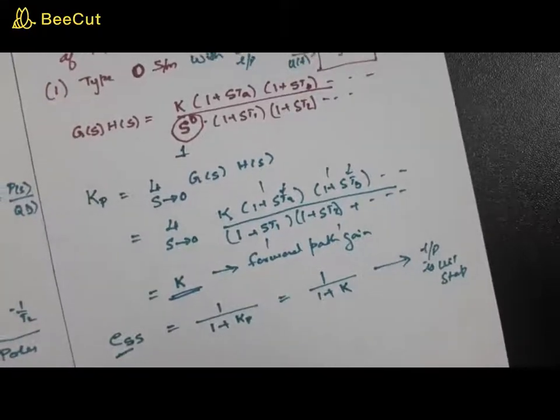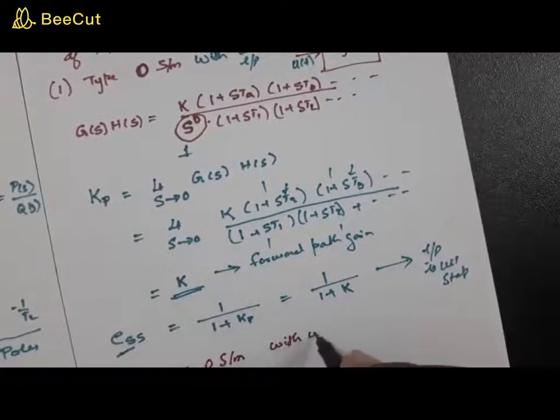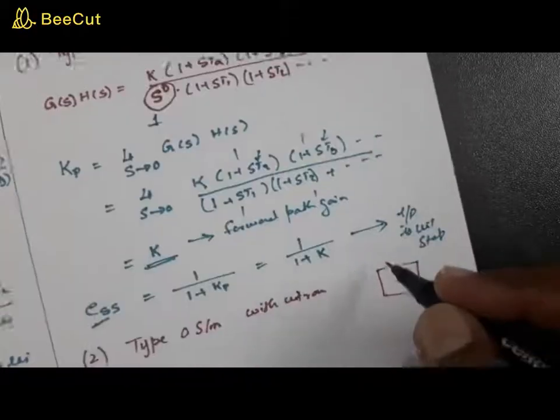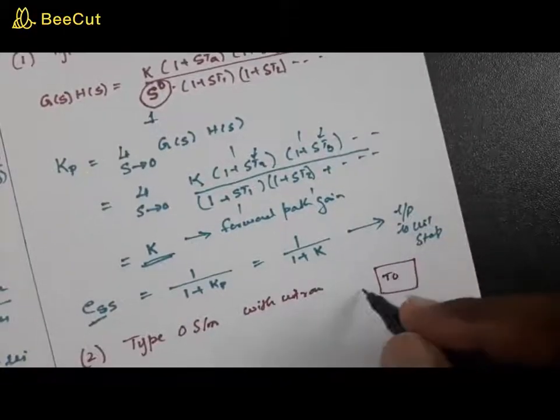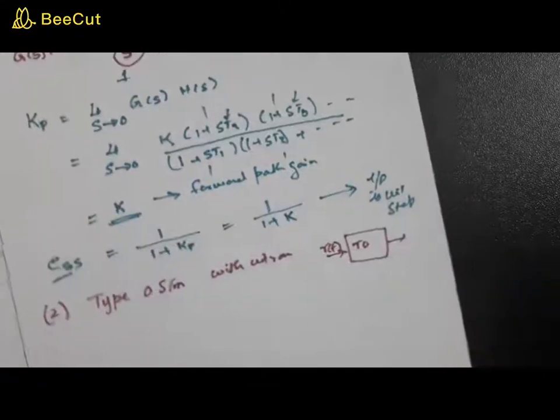Now, coming to the second part, again we are considering the type 0 system with a unit ramp input. That is, you're considering a type 0 system with r of t. Okay, now what is going to be its effect?